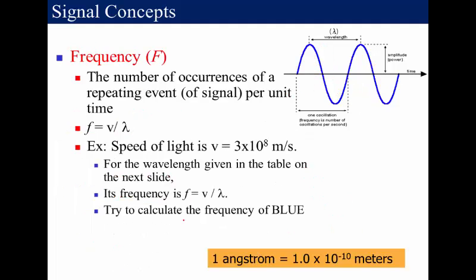That's the frequency. This is a formula that we can obtain. We can calculate it from the speed of light and the wavelength. As far as we know the light wavelength, then we can calculate the frequency.